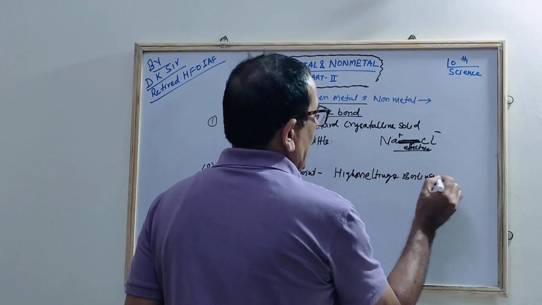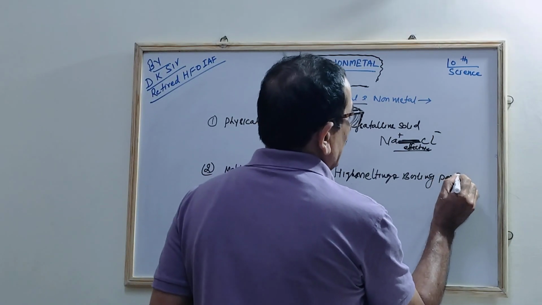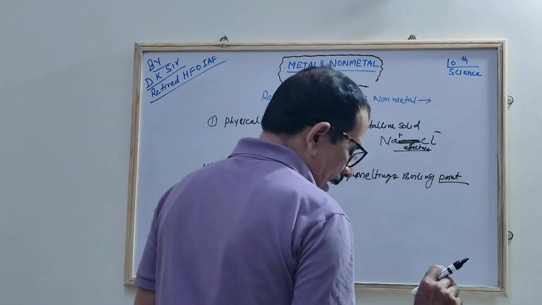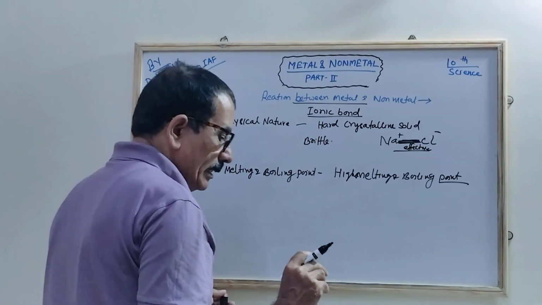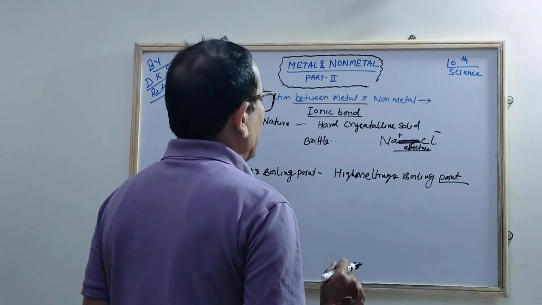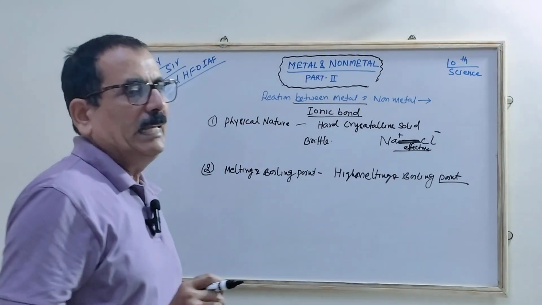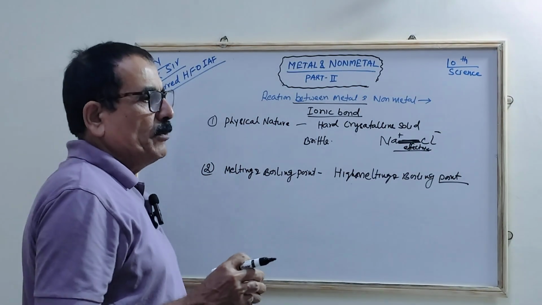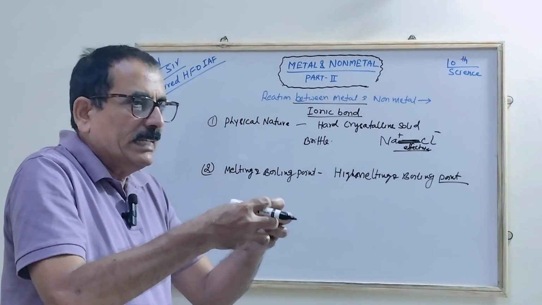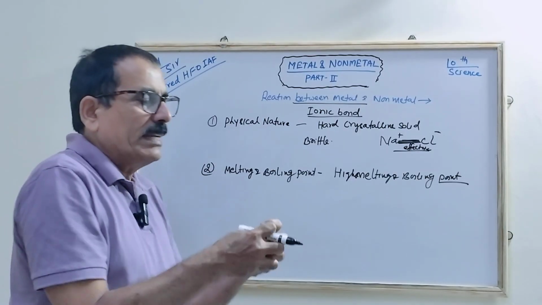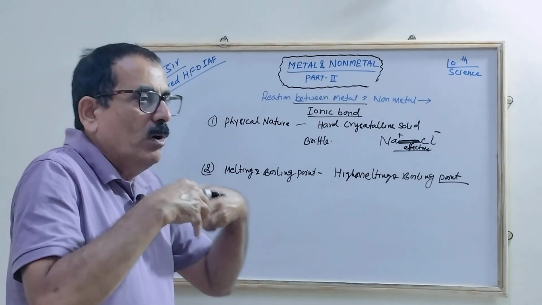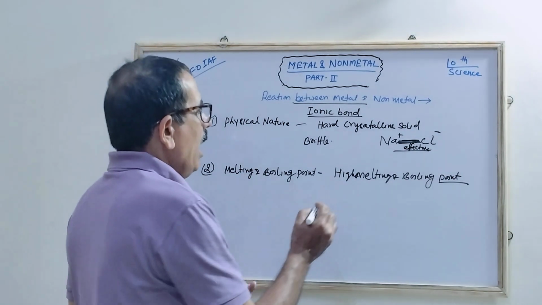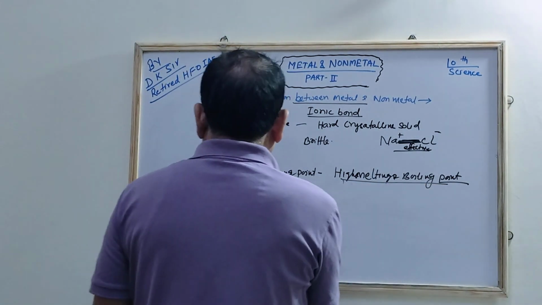It will have the high melting and boiling point because of, again we will say, the attraction force. If there is the ionic bond, their attraction forces are so effective that it requires more energy to break it, correct? So it has got the high melting and boiling point.